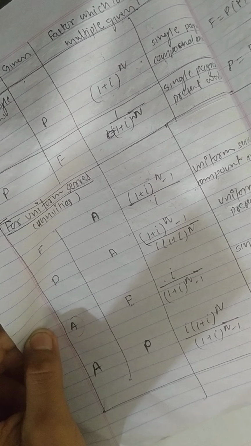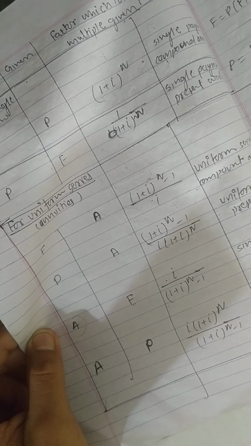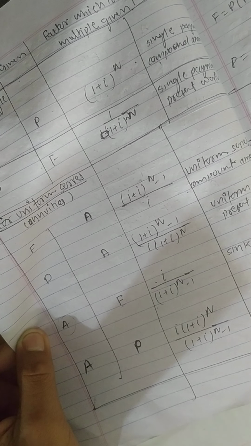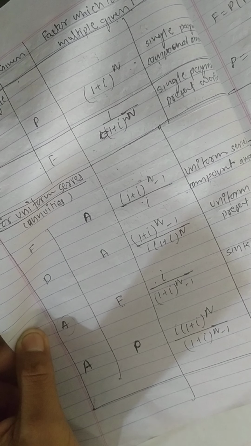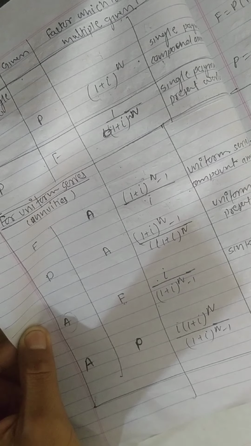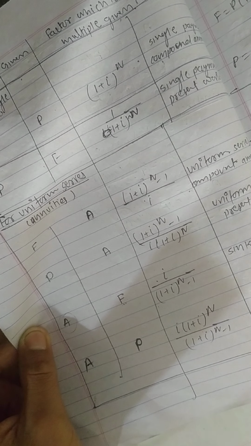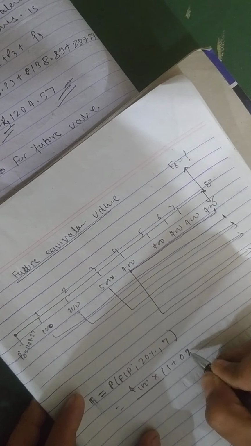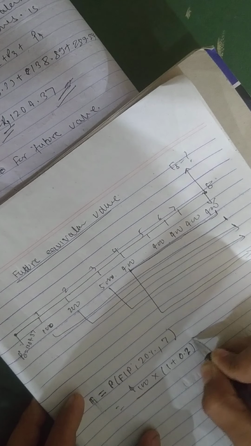If you want the formula, you can go to my first lecture, the introduction lecture, in my engineering economy playlist. You can find it there and note it in your copy also, so that you can easily do your other calculations. So now i is 0.2, 20% means 0.2, to the power 7.